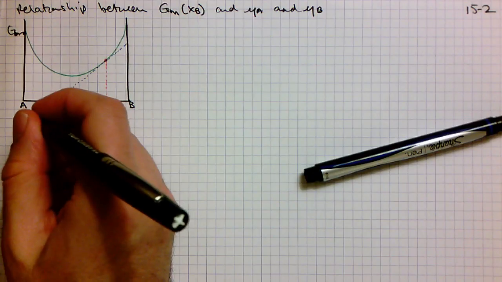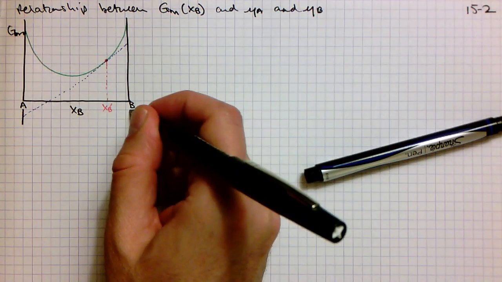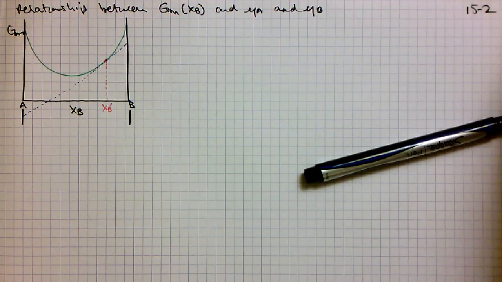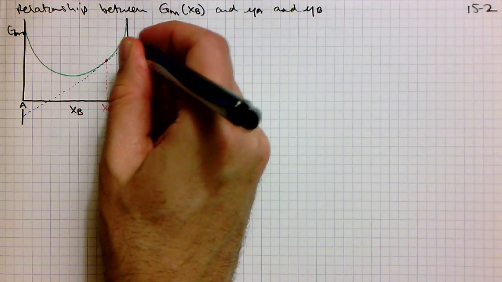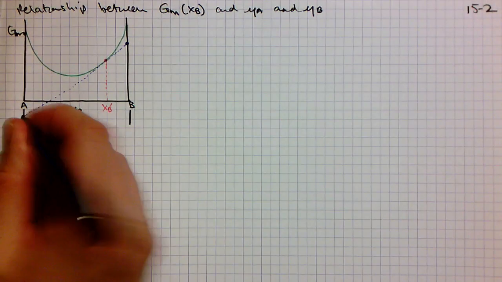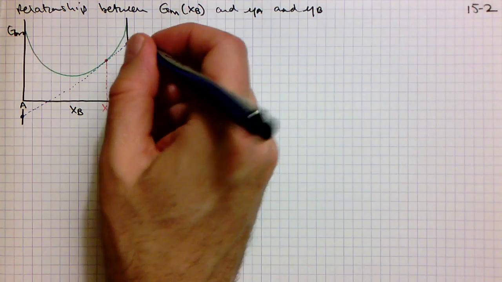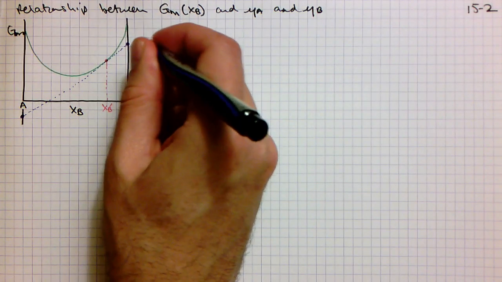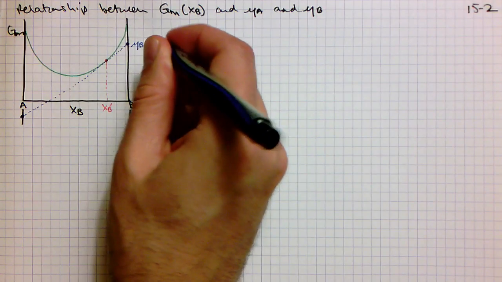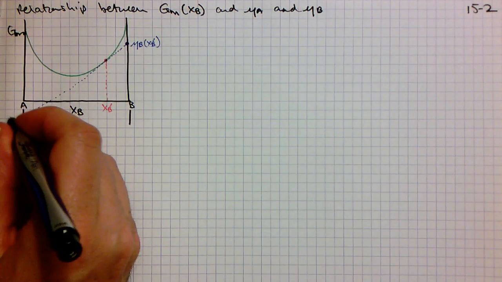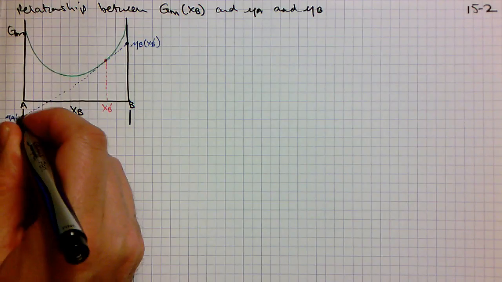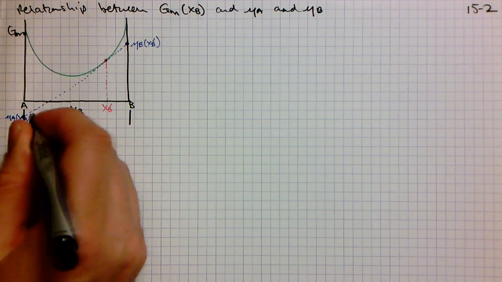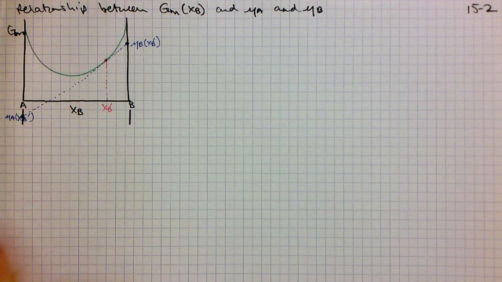Here I'm going to extend my axis down this way. And we could read off numbers from these two sides. And it turns out that the numbers we read off from this tangent give us the chemical potential of B at xb prime and the chemical potential of A at xb prime. Now this is of course very useful, right?